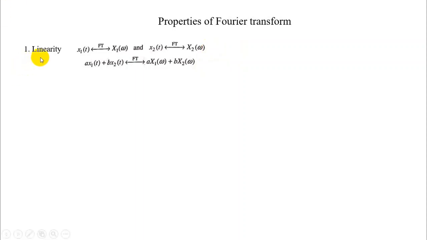Firstly, the linearity property. As we have discussed in previous videos, the Fourier transform transforms the signal from the time domain to the frequency domain.